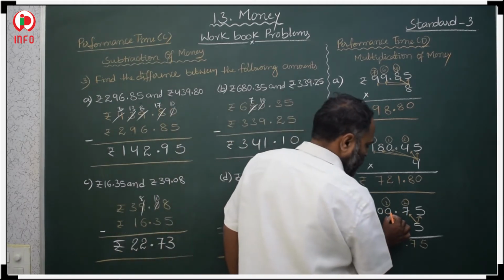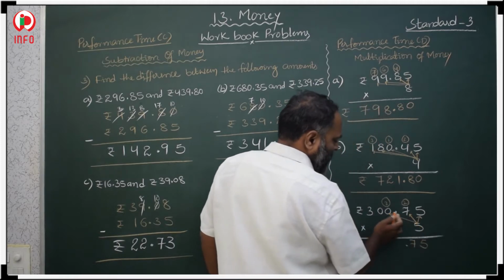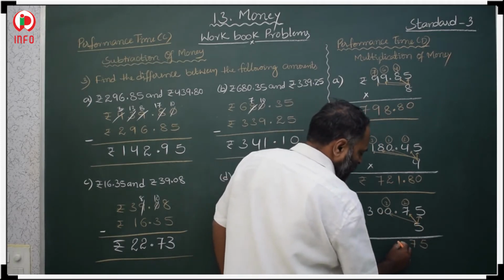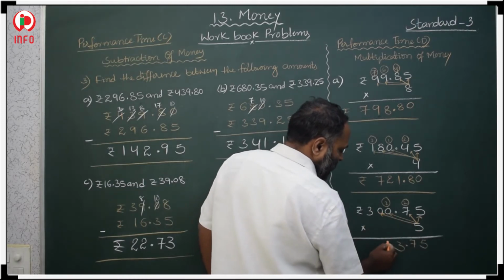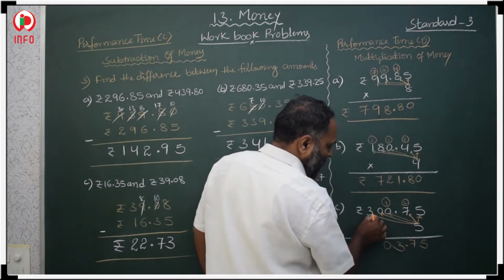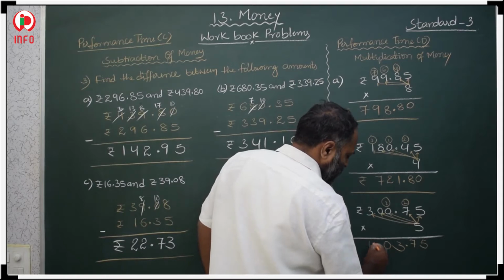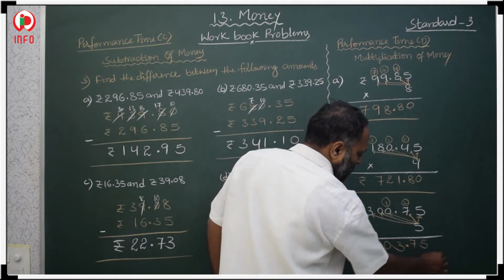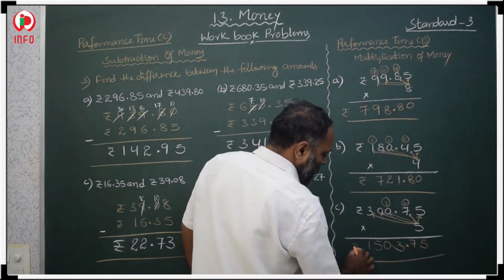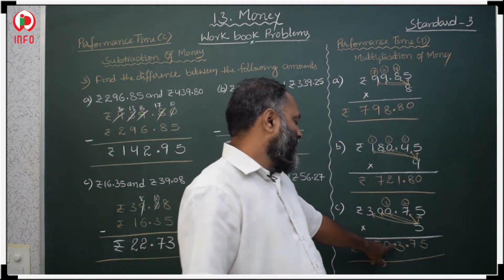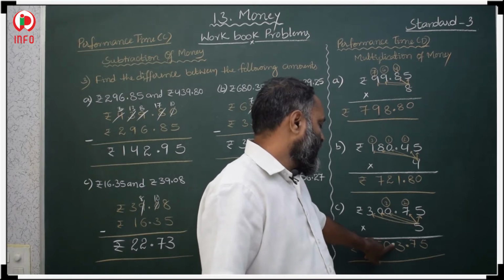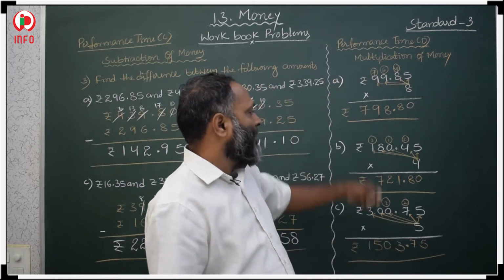Then 5 with 0. 5 zeros are 0. 0 plus 3, 3. Next 5 zeros are 0. Then 5 3s are 15. After 2 digits we keep a decimal from right to left. So, that is 1503 rupees 75 paisa. So, this is the concept on multiplication.